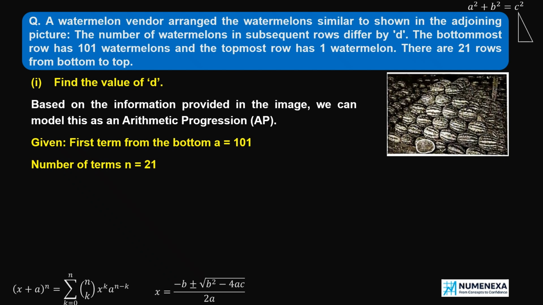The number of terms, that is the number of rows, is 21. The last term, that is the 21st row from the bottom, is 1, because at the top we have only 1 watermelon.